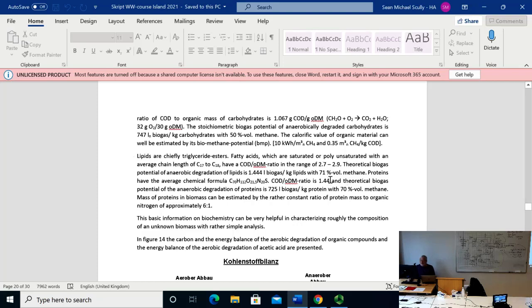It doesn't really vary too much. The theoretical biogas potential of the anaerobic degradation of lipids is 1.44 normal liters biogas per kilogram of lipids, and you get a 71 volume percentage of methane.